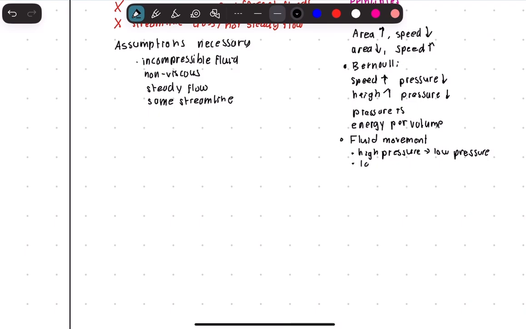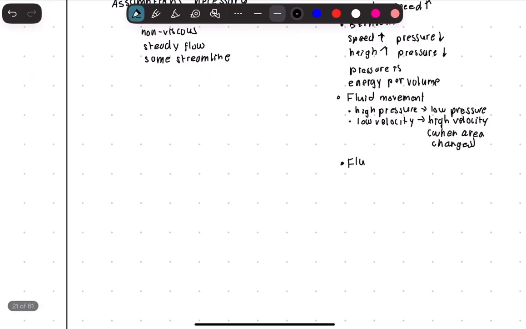Also, they move from low velocity to high velocity when area changes though. Also, note that fluid density matters for pressure terms.